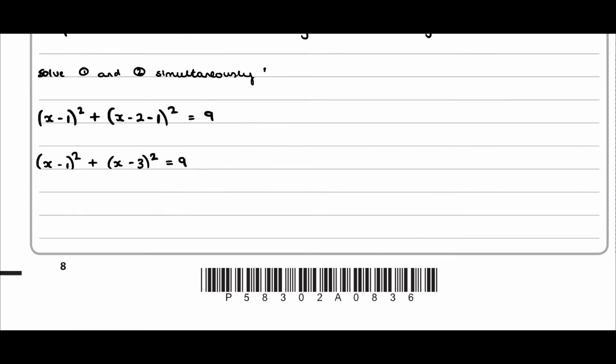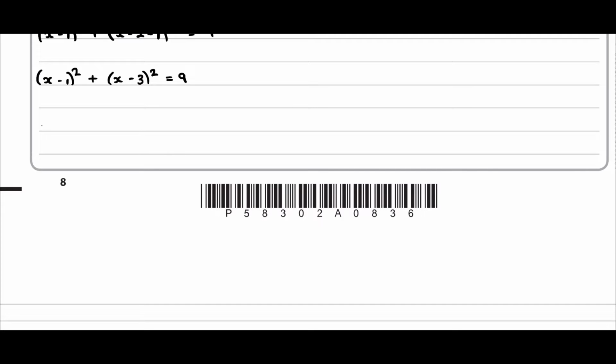If we expand and simplify, we have x squared minus 2x plus 1 plus x squared minus 6x plus 9 equals 9. Simplify that a bit more. We have 2x squared minus 8x plus 1 equals 0.